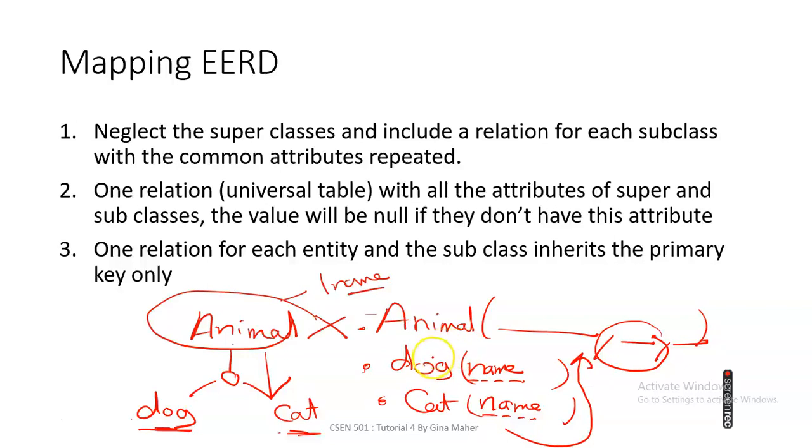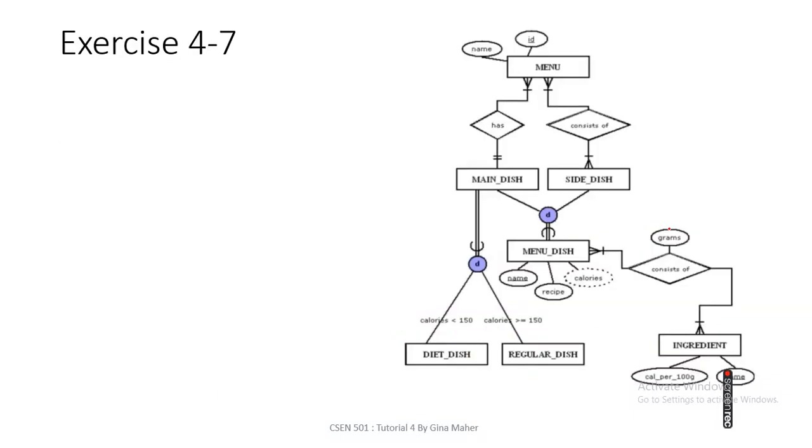Let's take an example to understand these concepts. In this example, in practice assignment number 4, question number 7, we have an EERD where there is a menu dish, which is a superclass for two subclasses, main dish and side dish, and main dish is a superclass for two subclasses, which are diet dish and regular dish.